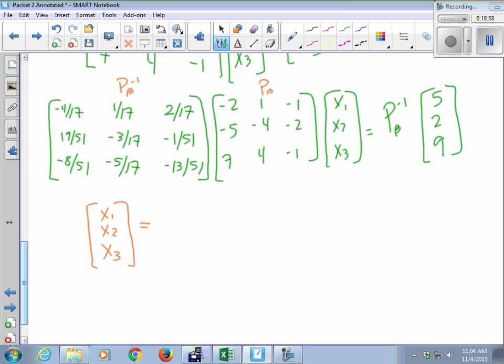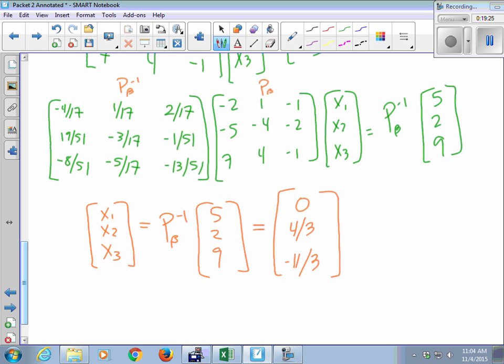If I multiply P sub beta inverse times 5, 2, 9, you get 0, 4/3, -11/3. Same thing we got using the row reducing approach.